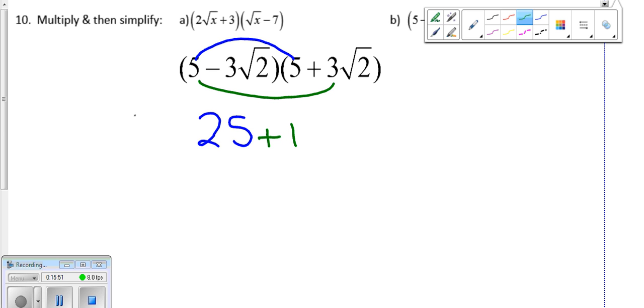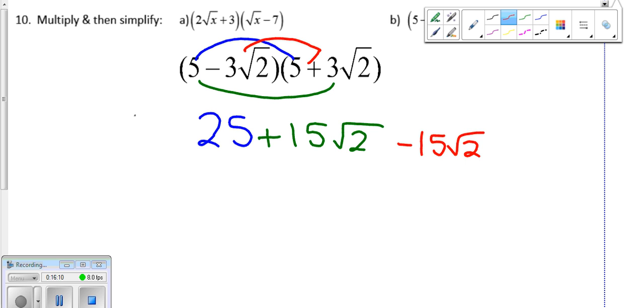So plus, multiply the numbers outside and the numbers underneath the radical. Okay? And then inside times inside. So negative 3 times the square root of 2 times 5 is negative 15 square root of 2.